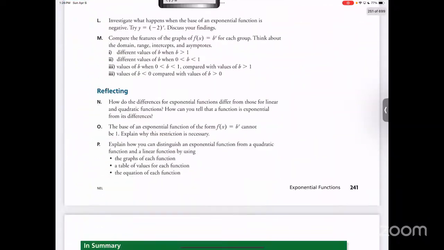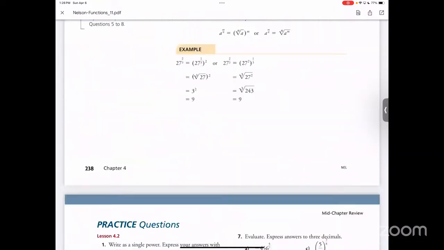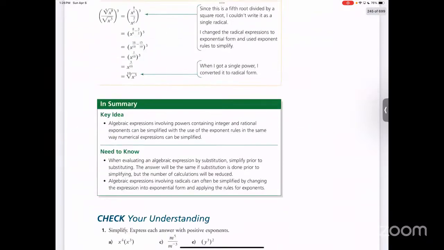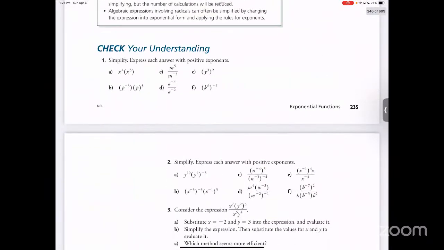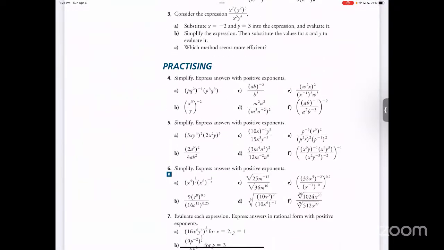There's no practice there. It's about the properties of an exponential function. But you need to do 4.3. 4.3 is everything about simplifying the exponents using exponent rules. So let's do some practice before we move on.